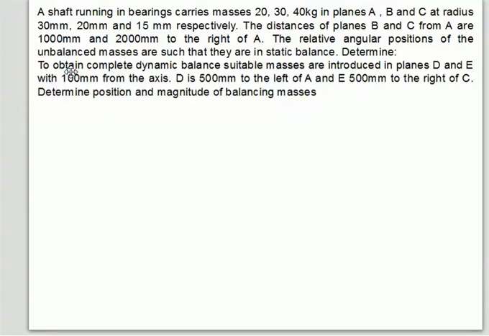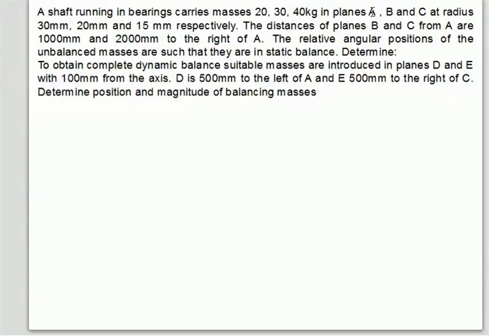To obtain complete dynamic balance, suitable masses are introduced in planes D and E with 100 mm radius from axis. D is 500 mm to left of A and E is 500 mm to right of C. We have to determine position and magnitude of balancing masses.